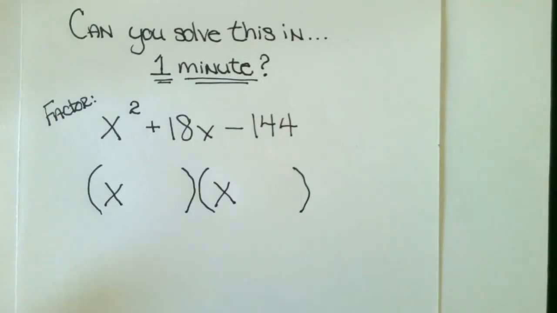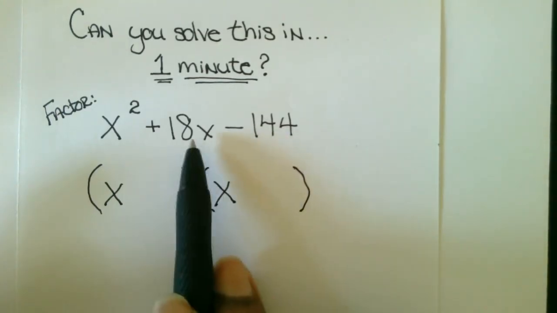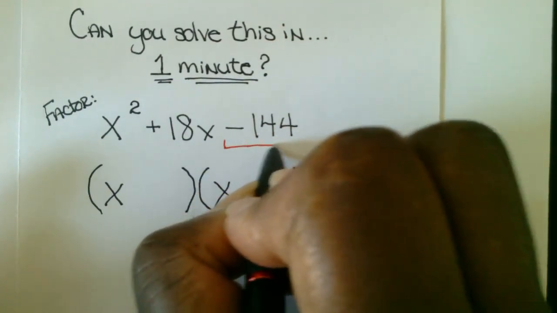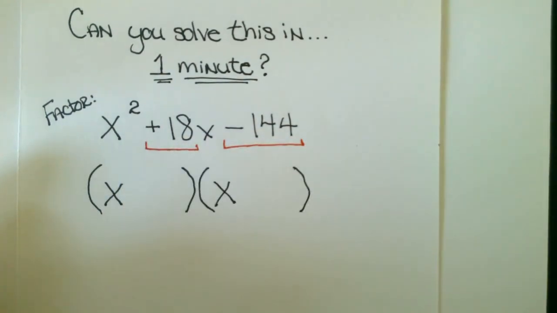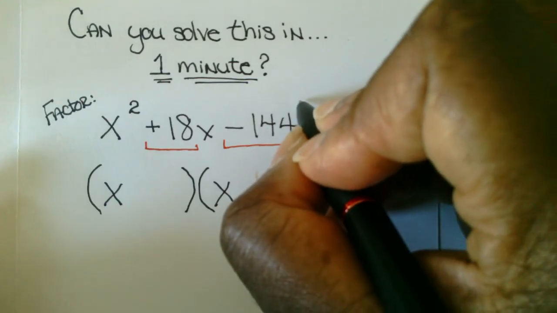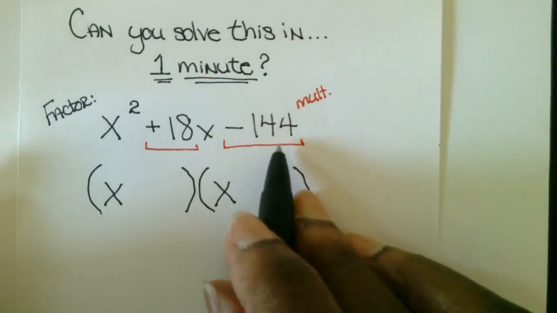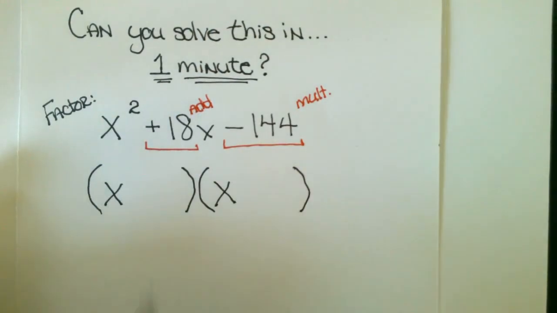Now the hardest part, which a lot of people have trouble with, is how to fill the parentheses. So we look at the next set. We have a -144 and a +18. We want to know what 2 numbers multiply to give me -144 and add to give me +18.